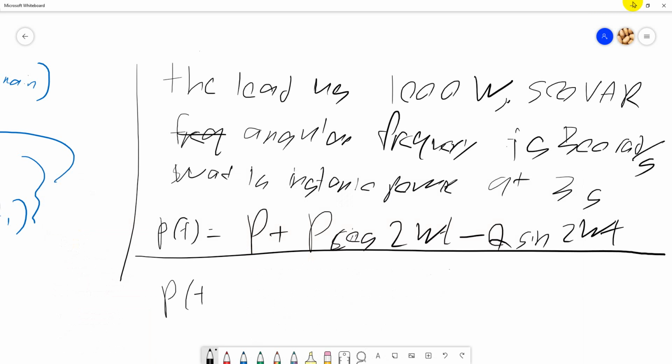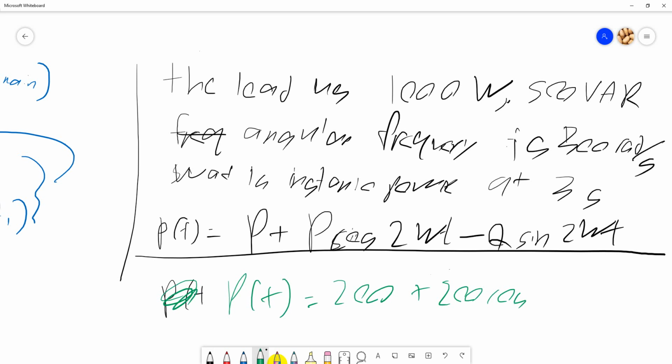Sometimes they give the formula, for example p(t) equals 200 plus 200 cos(600t) minus 300 sin(600t).